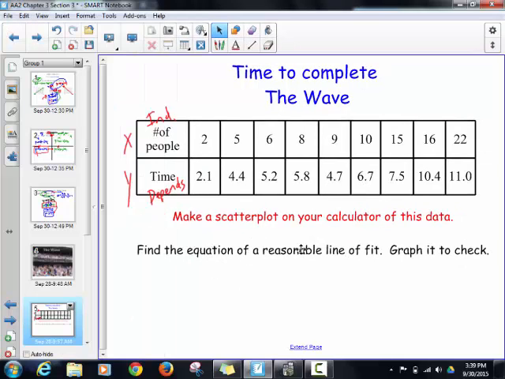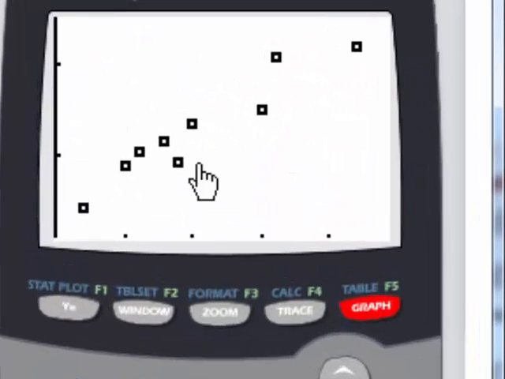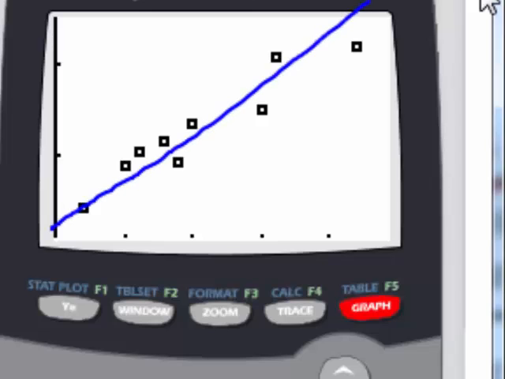Now it says find the equation of a reasonable line of fit for that data. Okay, so we just talked, I could draw on a line. Let's just kind of estimate this. If I were to draw on a line here, that would look about, I don't know, something like that, right? And actually, I'm going to change my window.